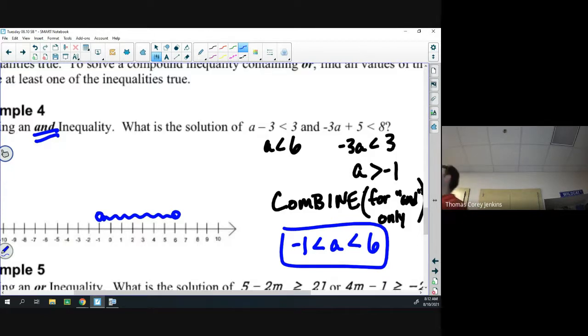So let me ask you this before we move on. How many solutions are there between -1 and 6 if we include the whole number line? More than that. Infinitely many, right? So there are even infinitely many solutions between like 0 and 1, right?